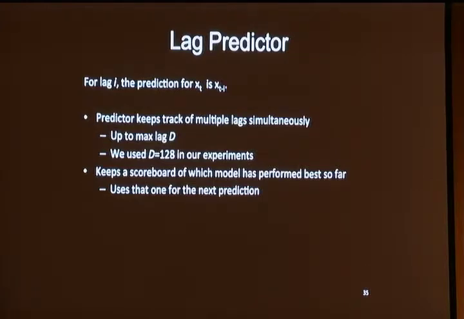The last predictor is the lag predictor. It is also very simple. The next sample value is predicted by the value of the last i-th sample, and it keeps track of multiple lags simultaneously.